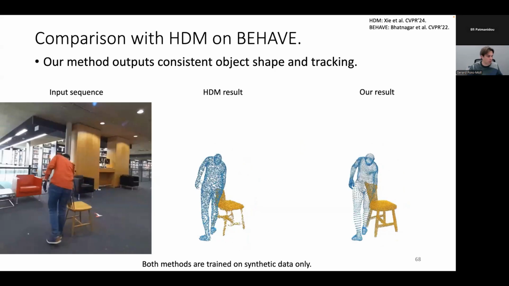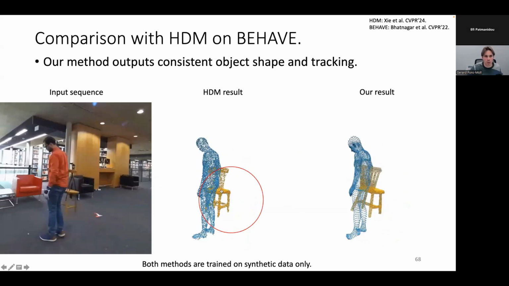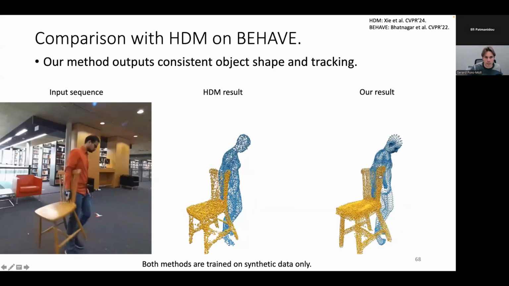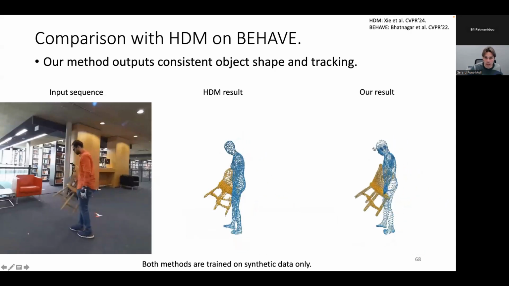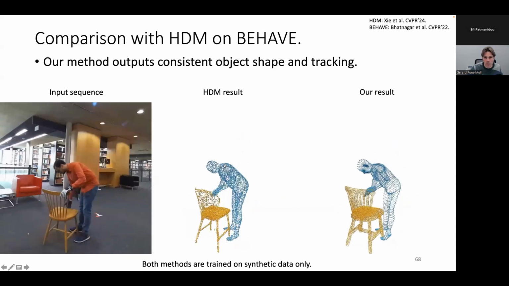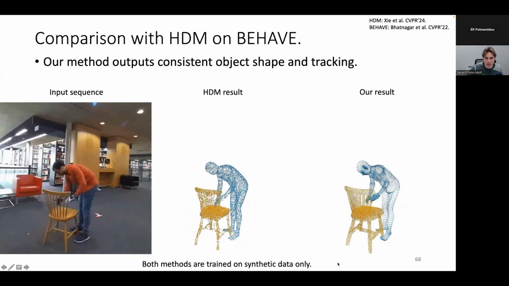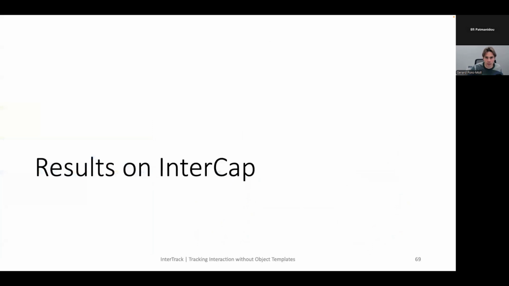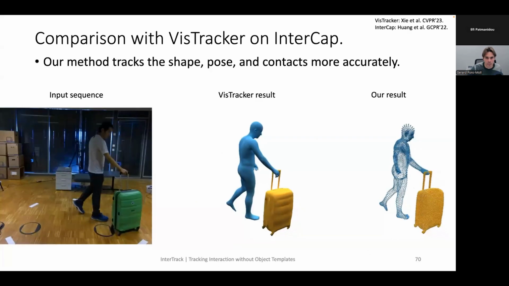Right, so let me show you a few more examples. What I want you to pay attention to is the point cloud of the human, which is now structured, whereas before it was not structured. And also the details of the chair, you can see that it's clearly capturing these details much better.